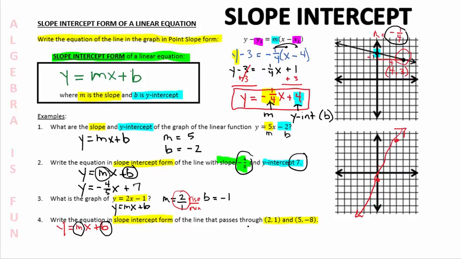I didn't give you either of those, so I'm going to show you another way of doing this. We're going to actually put this in point-slope form and then convert it to slope-intercept form. So remember, point-slope form, I have to have the slope first. So we'll do slope m equals delta y over delta x. So I'll subtract my y's, 1 subtract -8, over subtract my x's, 2 subtract 5.